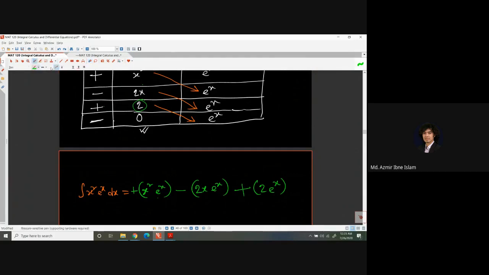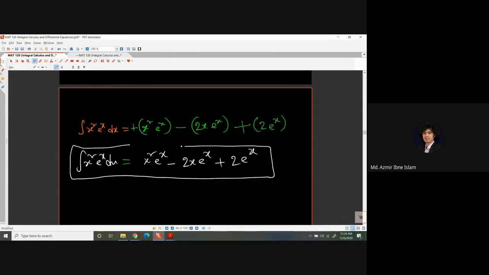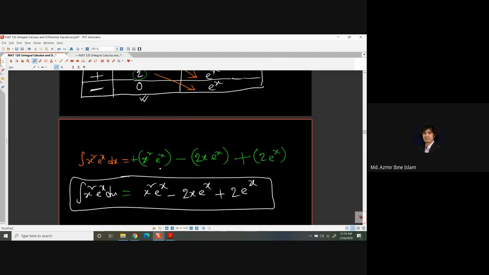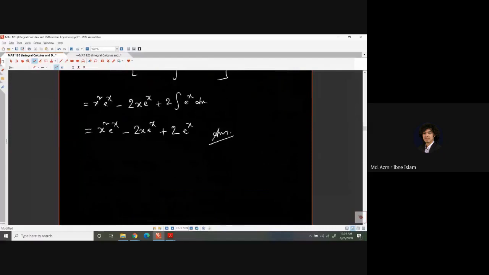So finally we have the result in our hand: x squared e to the power x, negative 2x e to the power x, plus 2 e to the power x. So the integration of x squared e to the power x dx is this one, and let's verify. You will get the same result here.